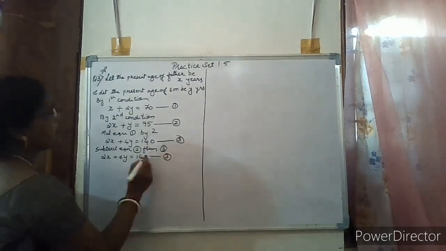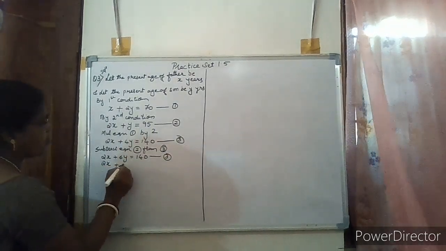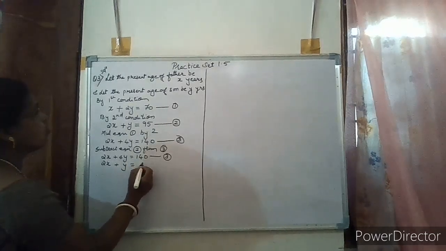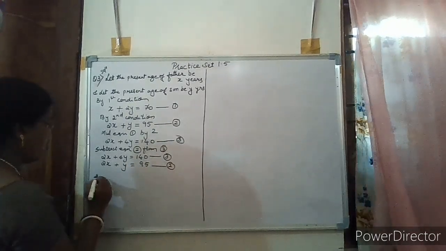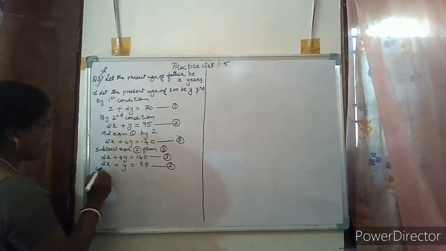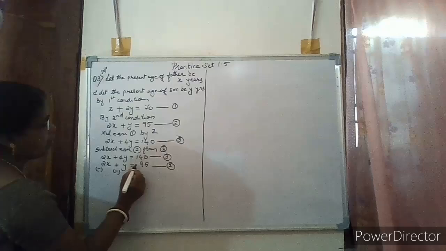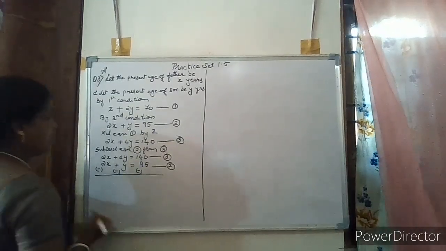Equation 3. Equation 2 is 2x plus y equal to 95. We are subtracting, so change the sign.